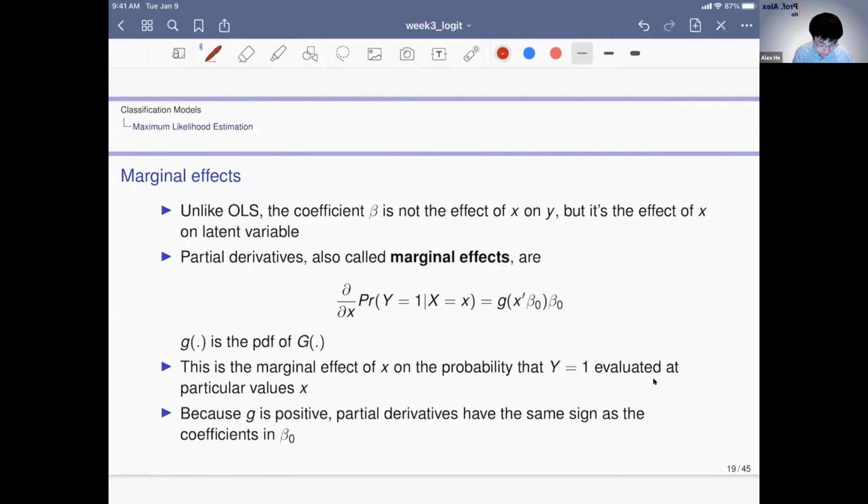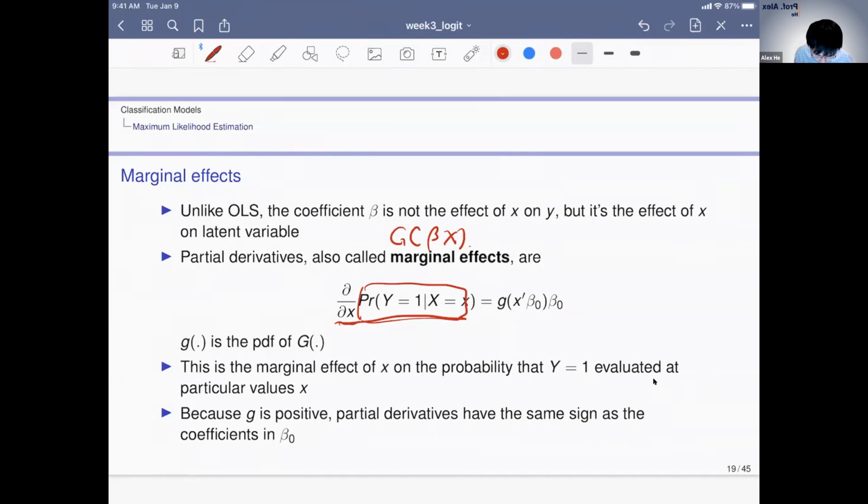Now you would just take a derivative of your prediction, which is the probability of y equals 1, with respect to x. We wrote this part as the big G of beta x.